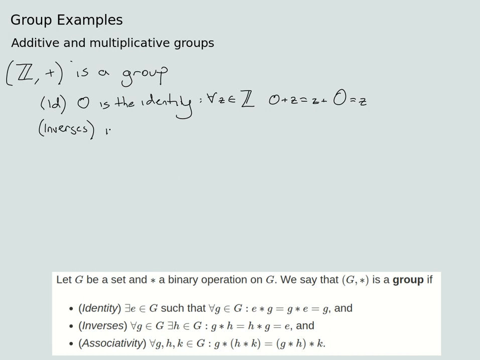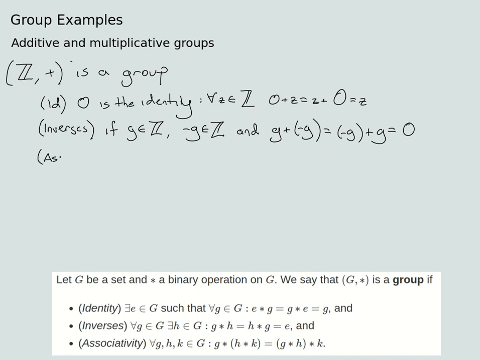Let's write this down. If g is an integer, then minus g is also an integer, and g plus minus g and minus g plus g are both equal to our identity element 0. So the inverses axiom is true.